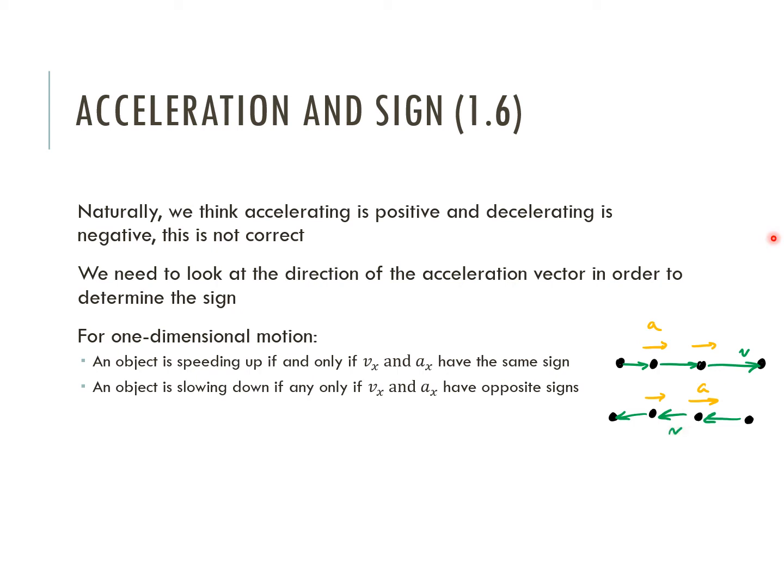So with accelerating or decelerating, that doesn't instantly indicate the sign of your acceleration. Now we could also have the case where our object's velocity is constant, and in that situation, the acceleration would have to be equal to 0.